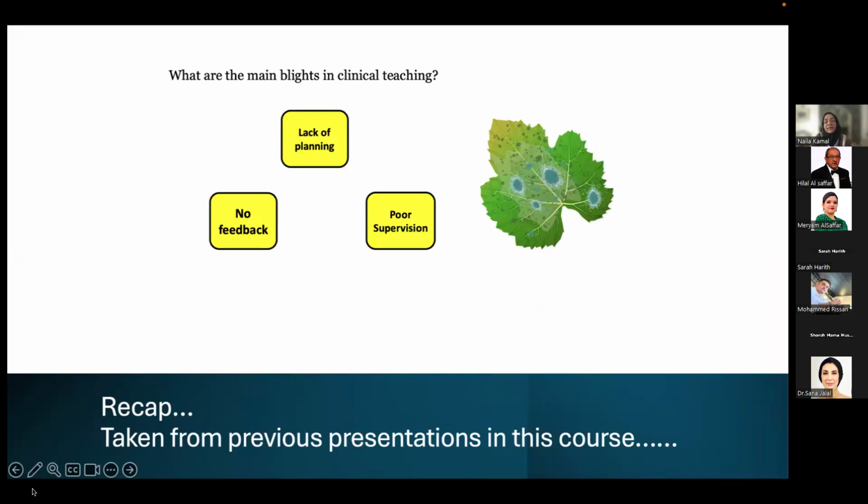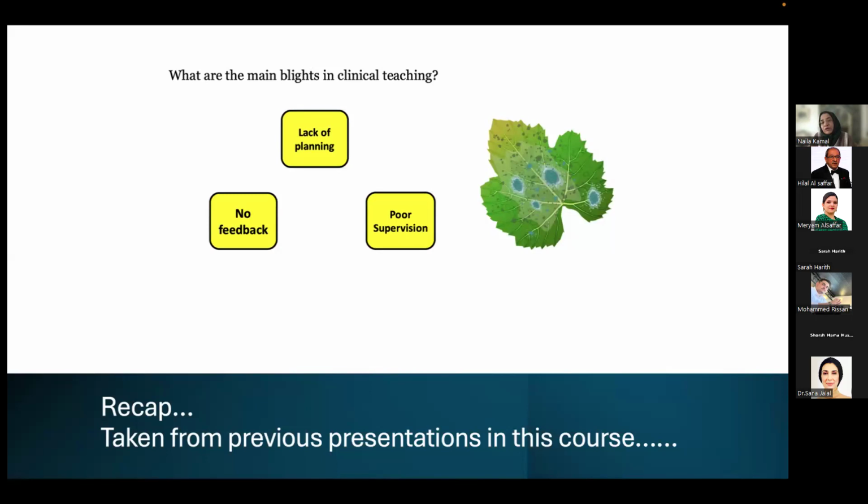So for example, whatever has been taught in year 1, 2, or 3 of medical college should be incorporated when we are teaching medicine, surgery, etc., the specialities. We should go back to the fundamentals so that, if the foundation is strong, the building is going to be strong. The same thing, what I've done is I've taken a few slides from what has been taught before, and I'm going to build on that.